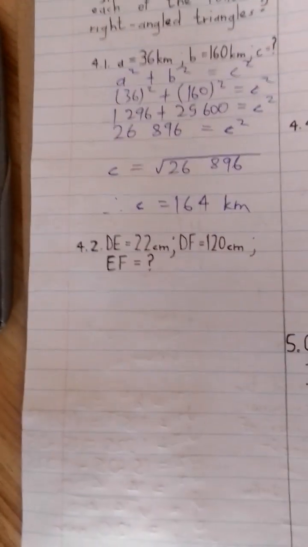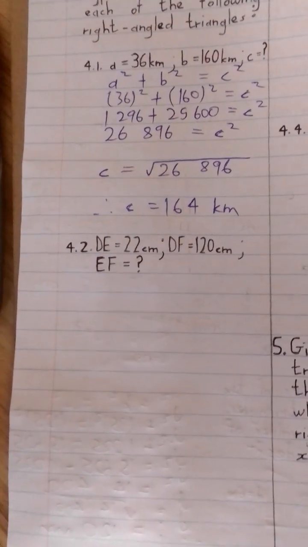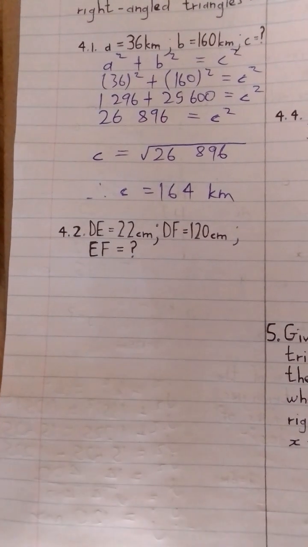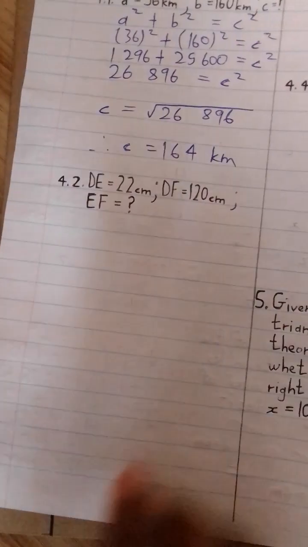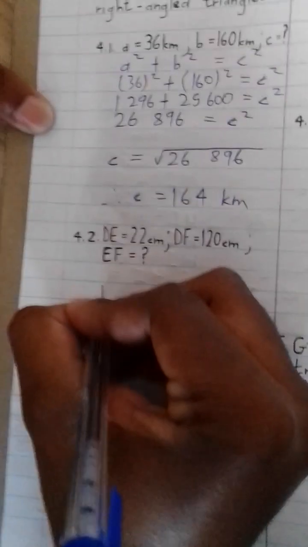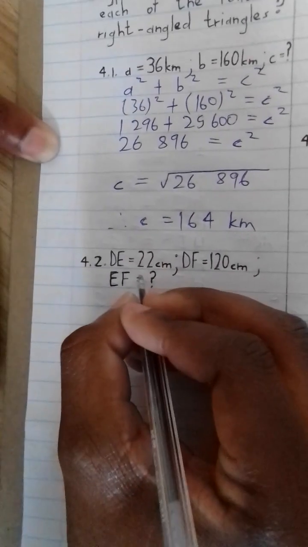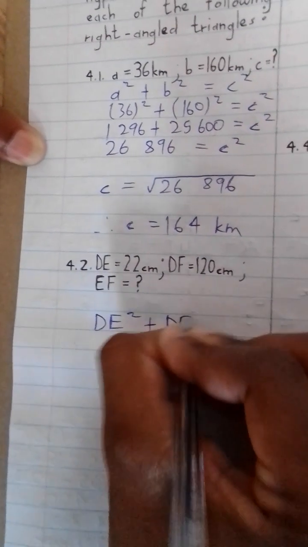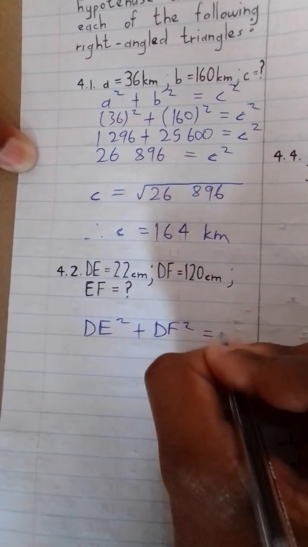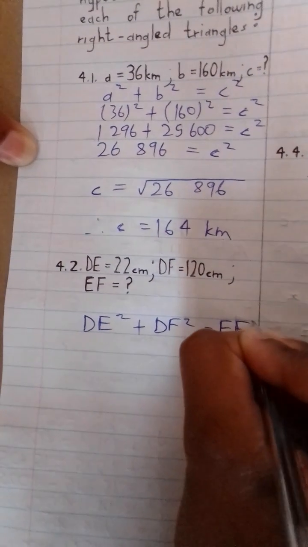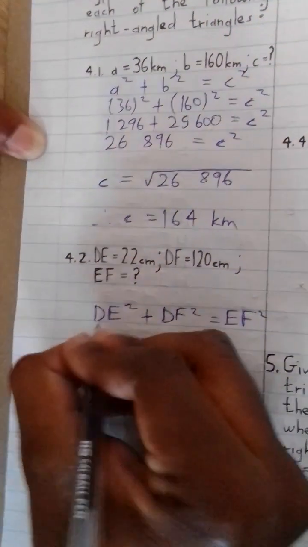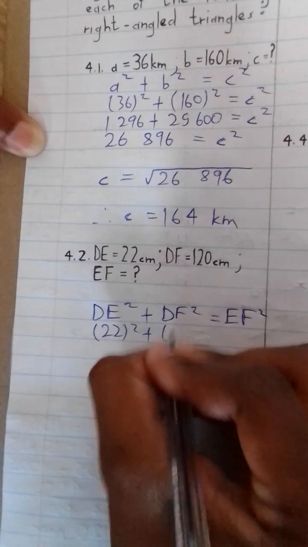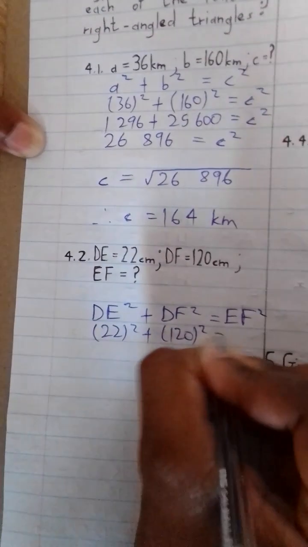4.2, DE is 22 centimeters, DF is 120 centimeters, EF is unknown. So as usual, you write down your Pythagoras formula. Remember you're calculating the hypotenuse, so it's going to be DE squared plus DF squared is equal to EF squared. What's DE? 22 squared. What's DF? 120 squared.